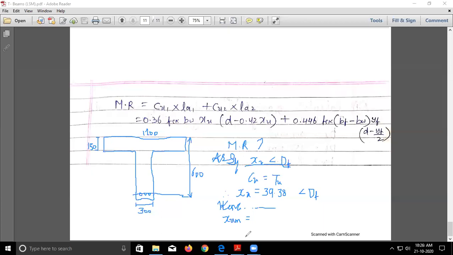XU max for Fe415 is given by what? 0.48D. Yes. So XU max is given by 0.48D. So now give me the value of XU max. 288. Okay, so this is 288.